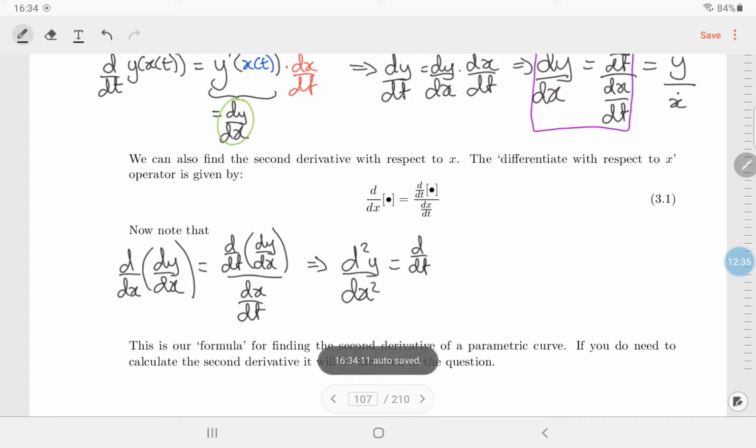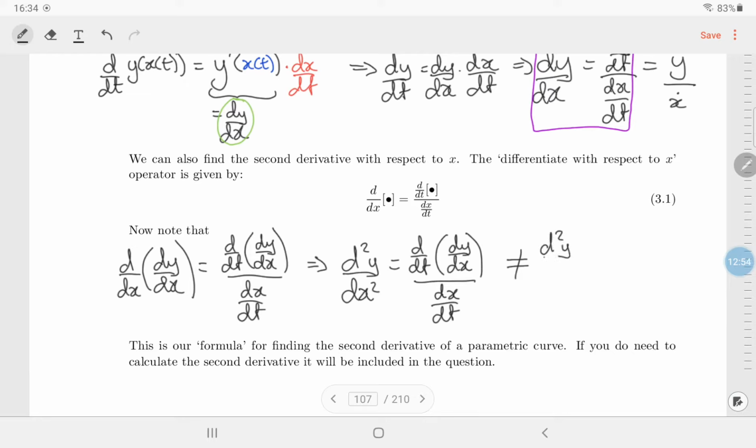Now this is why you can't just say differentiate, because on the top you've got, oh, you differentiate twice, but with respect to what? First x and then t. And I suppose the important thing to note is that this is not equal to, say, the second derivative above and below.